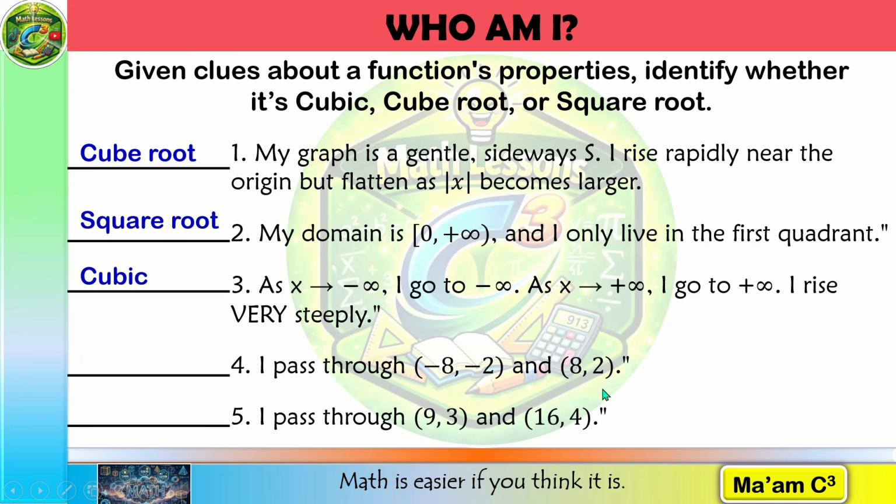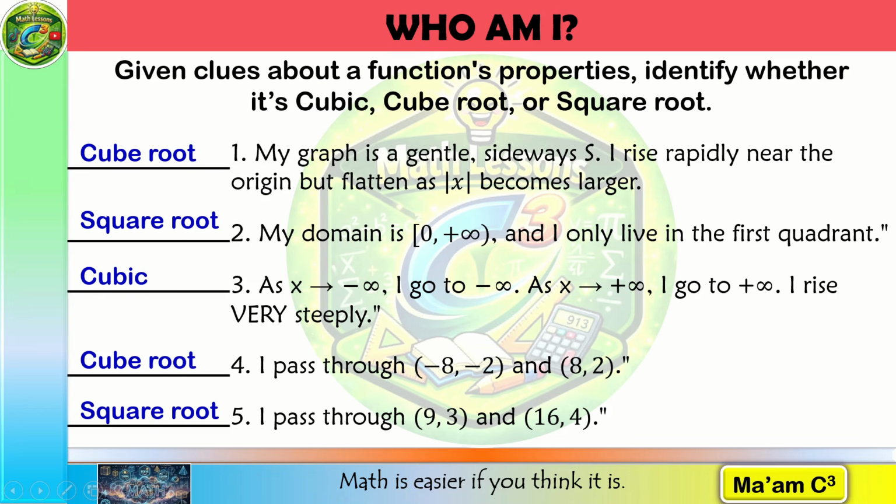This is cube root because the cube root of -8 is -2 and the cube root of 8 is positive 2. Last one, I pass through (9, 3) and (16, 4). This is square root. The square root of 16 is 4 and the square root of 9 is 3.